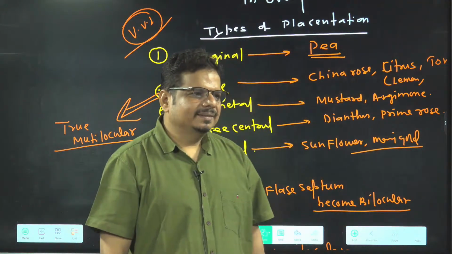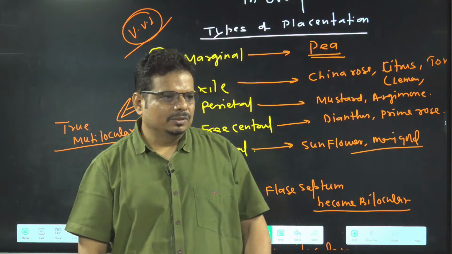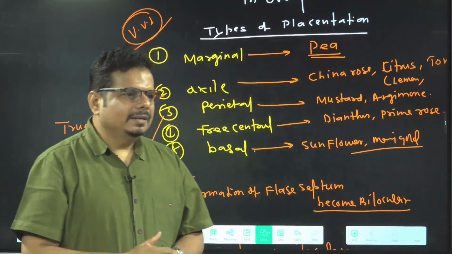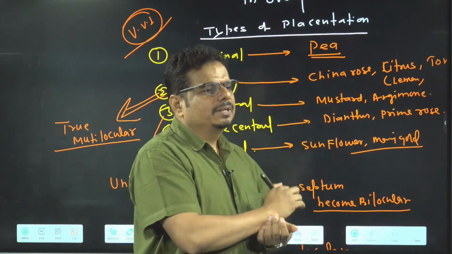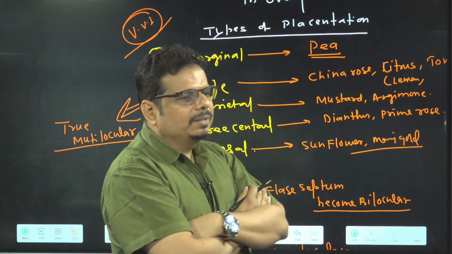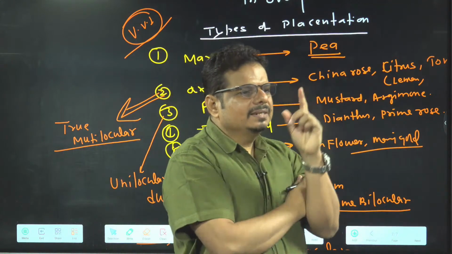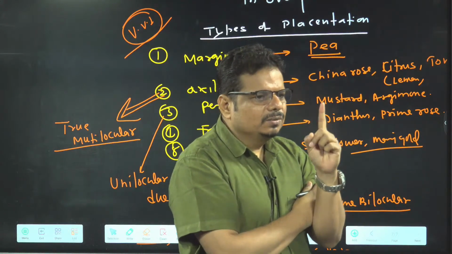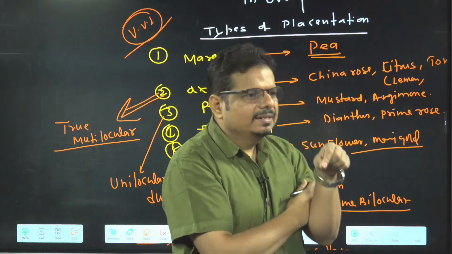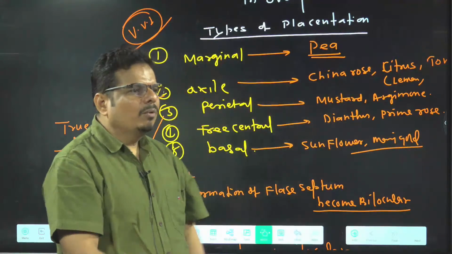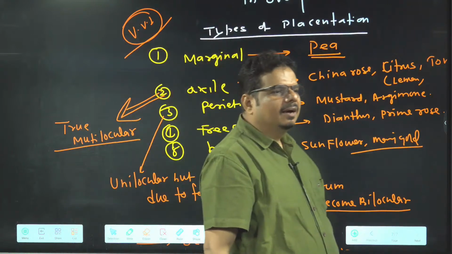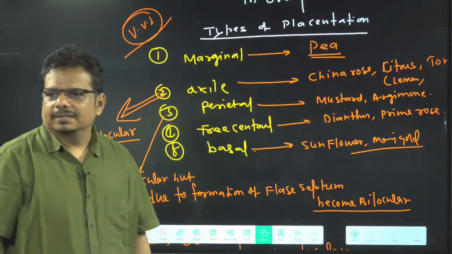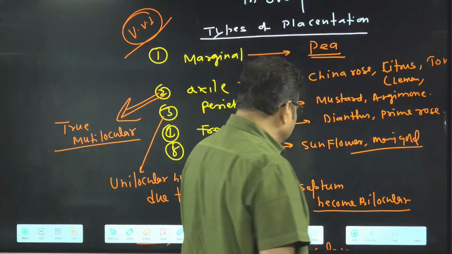Basal placentation. Is it clear? So these two basic ideas came. More than one ovule is present in everyone except which one? Basal placentation. Basal placentation has how many ovules? Only one ovule present in the ovary, and that is present at the base. Single is there. Clear? Now I am going to draw the diagram, and definitely we will discuss another detail about placentation. Is it clear? Can we move?